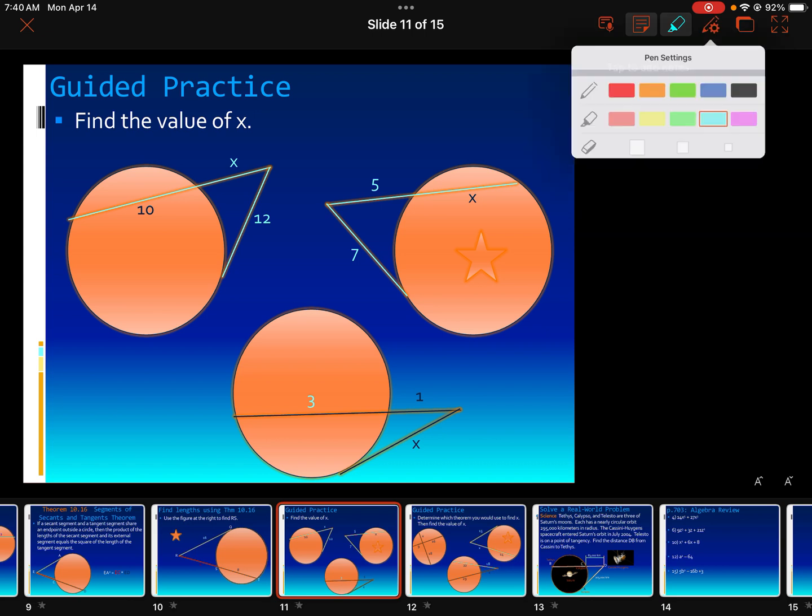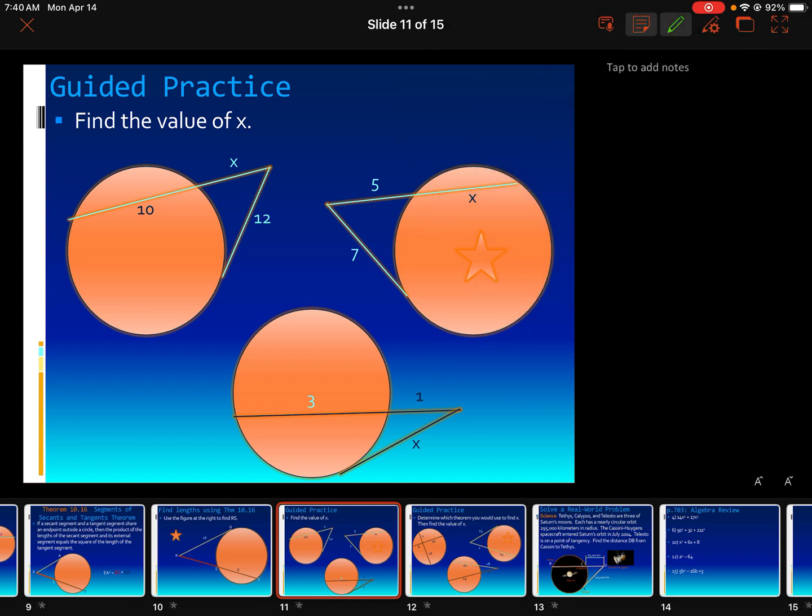Let's practice some more. We'll start with this first one. I'm going to take x plus 10. I'm going to multiply that with x. I'm going to set it equal to 12 squared. Let's see if that guy factors.